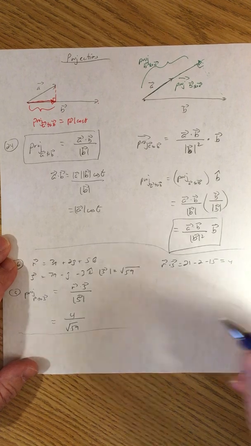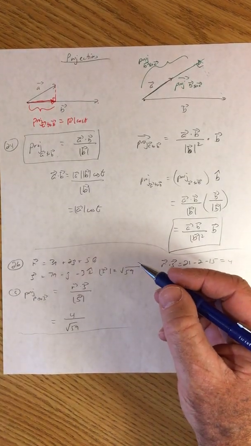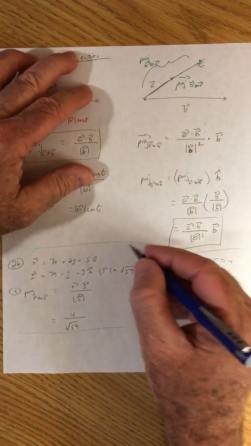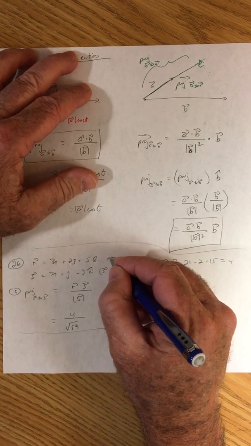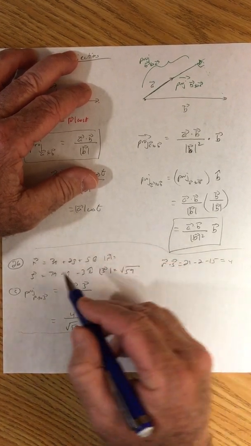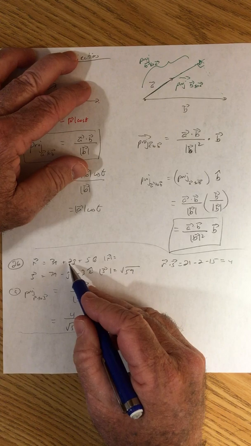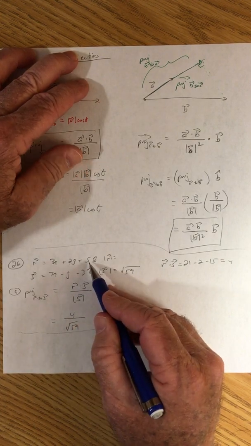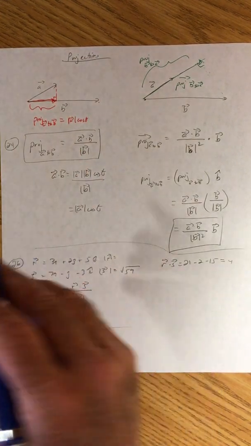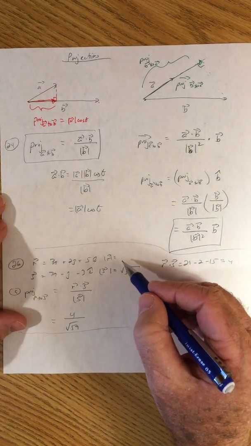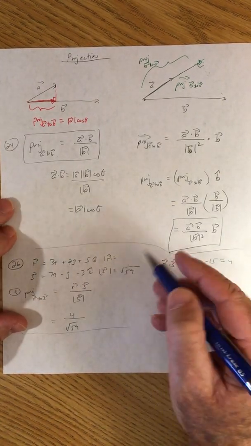So if I found the magnitude of R, which would be the square root of 9 plus 4 plus 25, that's the square root of 38.